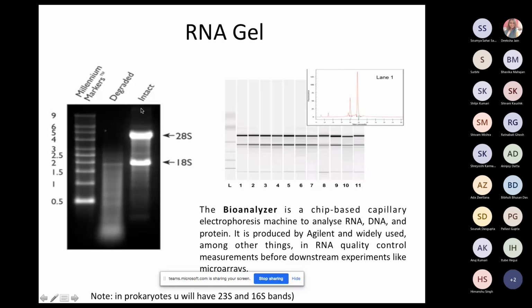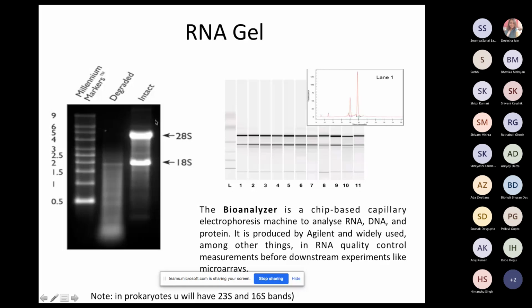And then you will see a very light smear in the background. What is that smear for? It is mRNA. So why do we see a whole smear from up to down? Because obviously we know that genes are of different sizes, and accordingly the cDNAs and mRNAs are of various sizes.